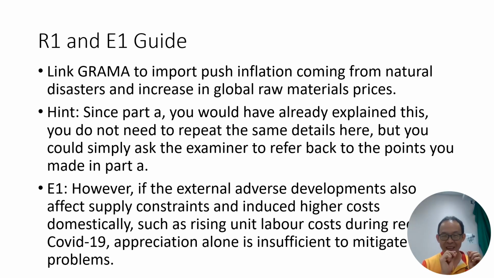However, if those external adverse developments also affect supply constraints and also induce higher costs domestically, such as the rise in labor costs, especially during the COVID-19, then you should be aware that appreciation alone is insufficient to mitigate. Appreciation of our exchange rate can handle external costs, but what if the cost is internal, let's say your wage push, then GRAMA will not be good. So that will be the standard limitation of using GRAMA to tackle domestic cost inflation.